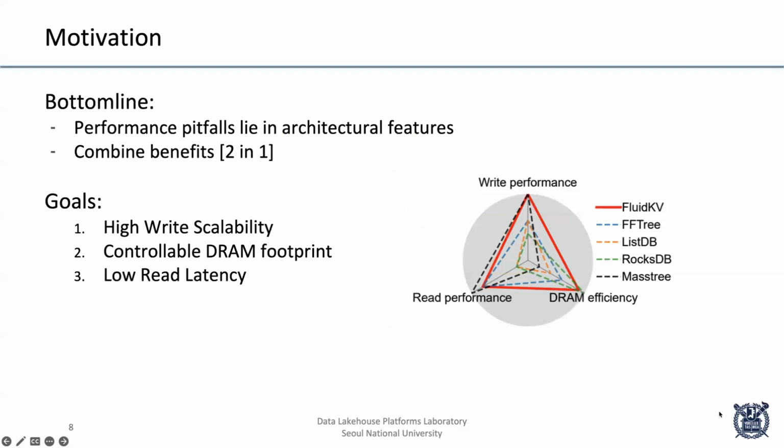So in summary, the performance pitfalls and differences between single-stage and multi-stage indexing of key values lie in the architectural features themselves. Single-stage indexes achieve good concurrency for reads and writes, and the cost is significant DRAM consumption. In contrast, multi-stage indexes control the DRAM footprint, but suffer from low overall performance and unbalanced reads and writes.